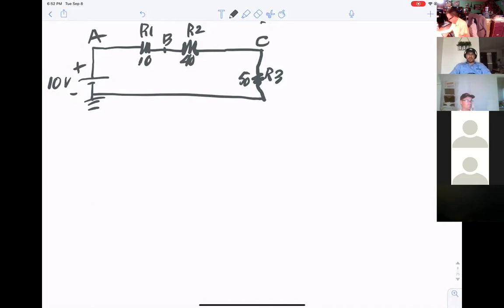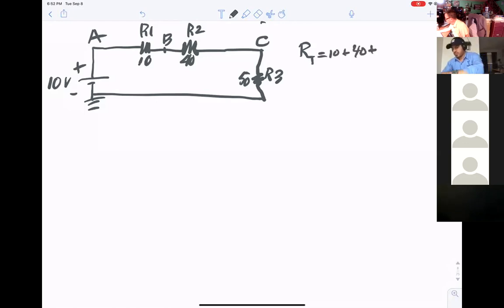Okay, now again, if you want to calculate the total R total, it will be 100. That's 10 plus 40 plus 50 under all. If you want to calculate the current I, you use Ohm's law, you can take V divided by R total.